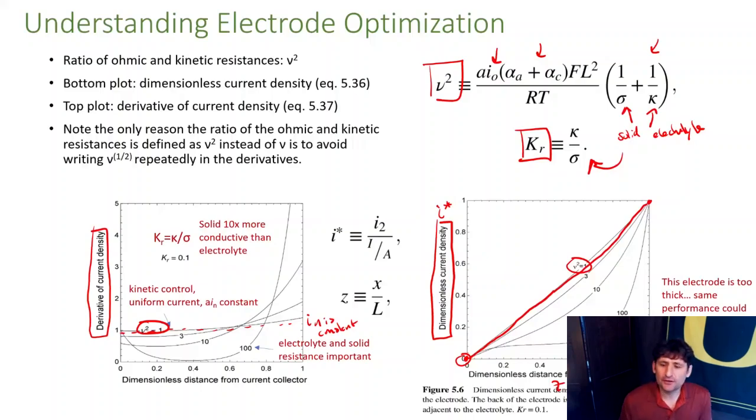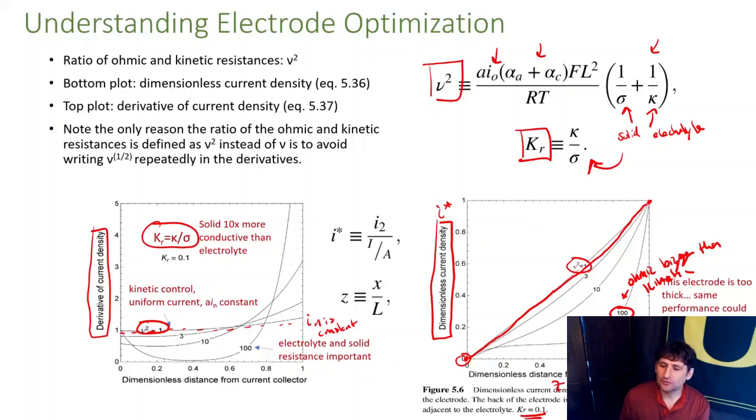But let's go to another example where nu squared is 100. So what does that mean? If nu squared is 100, that means that the ohmic resistance is much bigger than the kinetic resistance. Okay, and in this case, this is for a specific ratio, kappa r equals 0.1. These plots would look different if kappa r took different values.